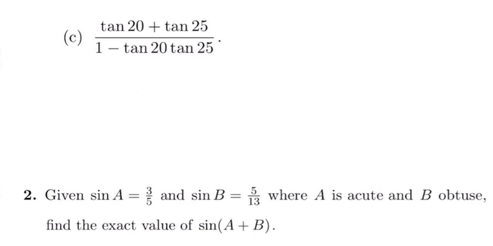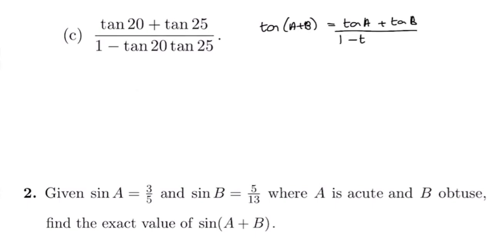If you look in your formula, you'll see you've got tan of A plus B, so the addition of tan is tan A plus tan B over 1 minus tan A tan B. So again, if you compare, this time I'm going to use a highlighter, 20 corresponds with the A, the 25 corresponds with B, and the important thing is the sign in the middle. They correspond with each other.